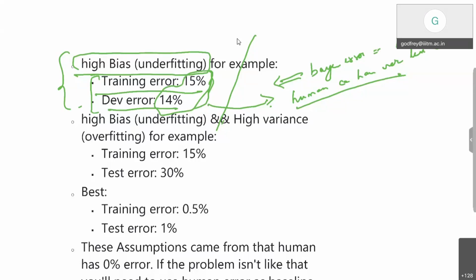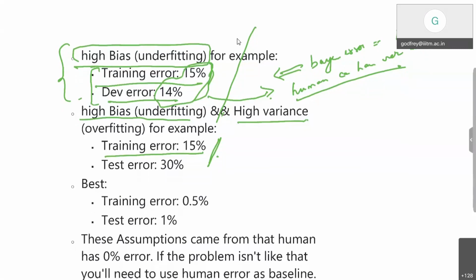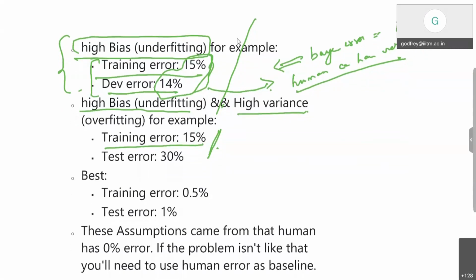Now another case is that here you have another model which has a high bias. Training error is 15% and it also has a very high dev error.